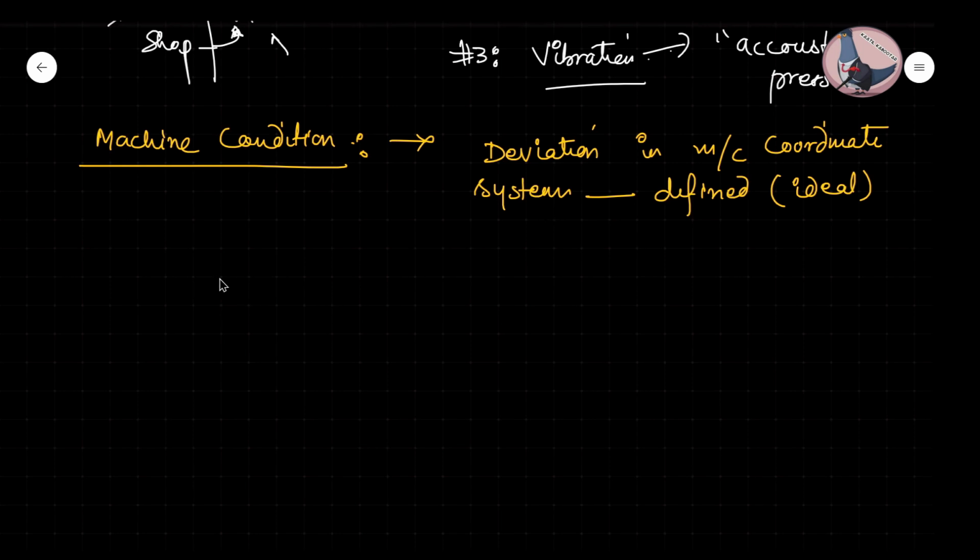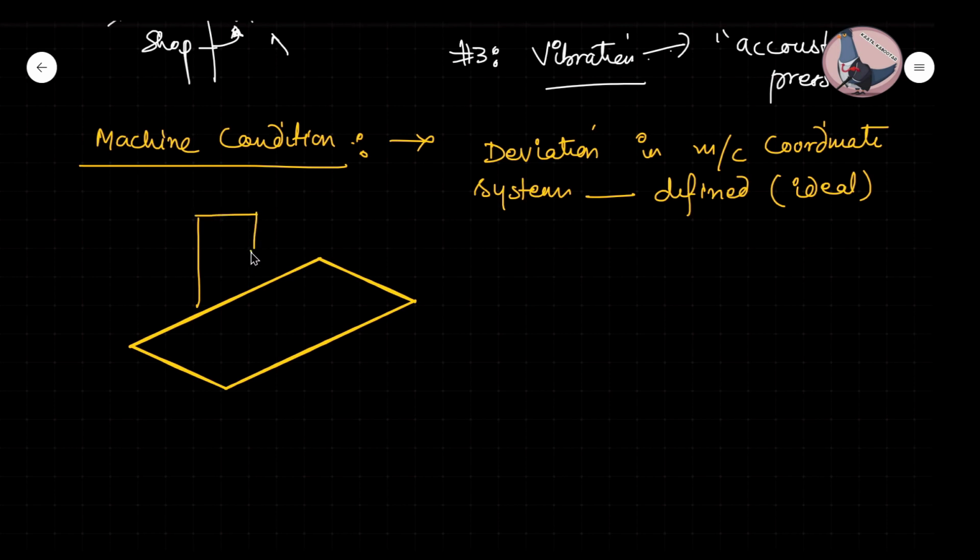Fine. Like suppose if you have designed the machine like this, I am making the cantilever type. This is the column on which your probing is there, and then you are keeping some job over here. Okay, and then you are taking the measurements of this. So this is your head. Fine.